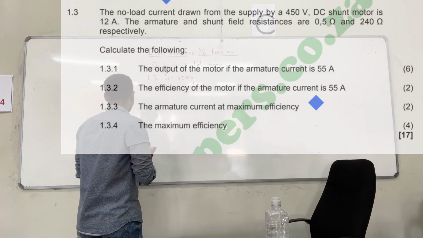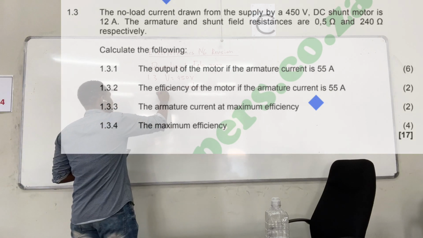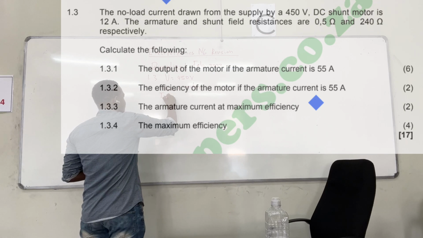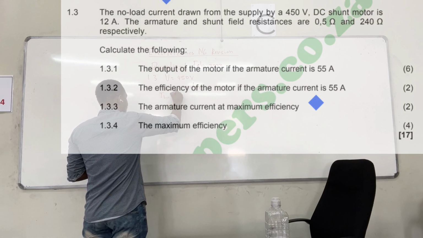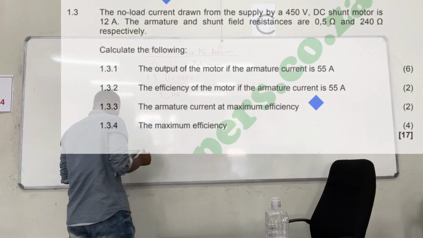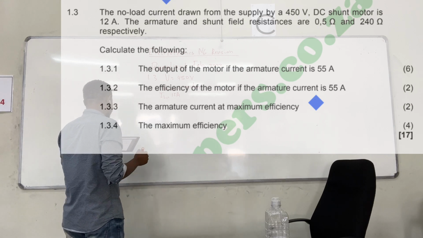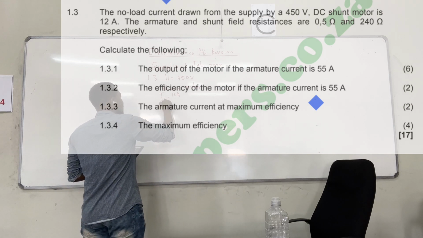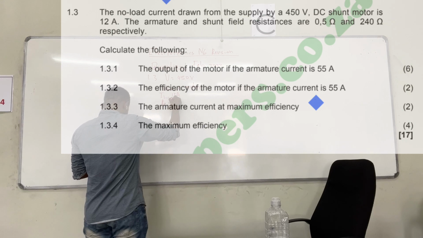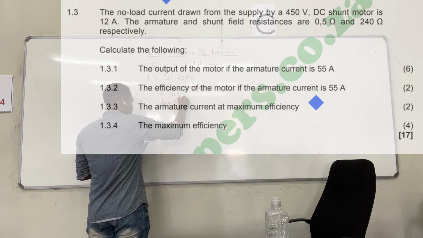Then particularly, no load current IL1 is 12 amps. The armature and shunt resistance RA is equal to 0.5 ohms.